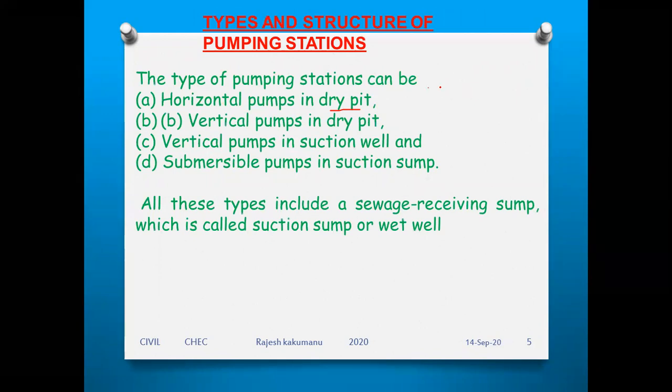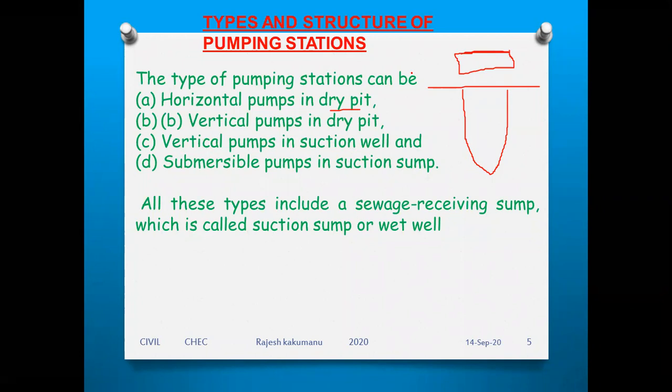Suppose there is land, and if you dig an area below the ground, that is nothing but a pit. Horizontal pumps in a dry pit means the centrifugal horizontal pumps are placed in a dry pit. Second one is vertical pumps in a dry pit.